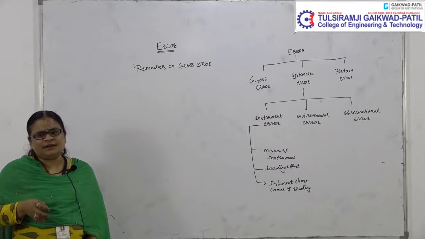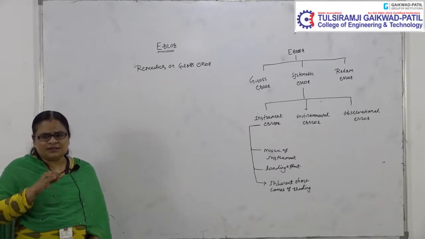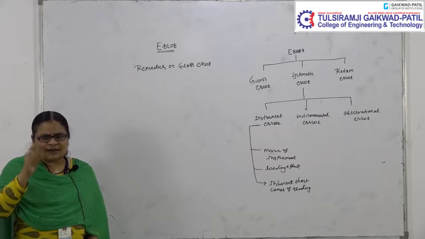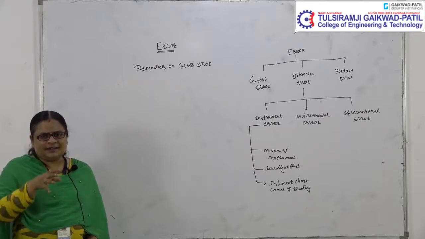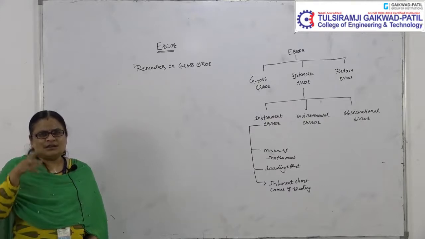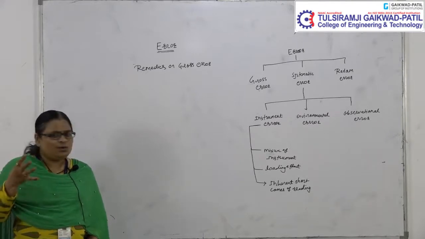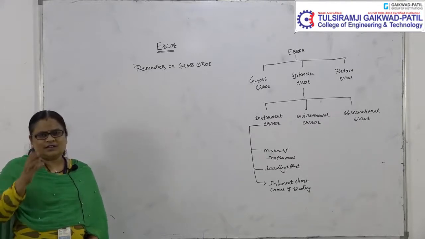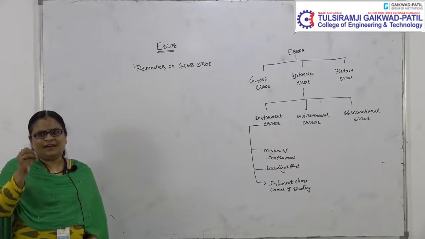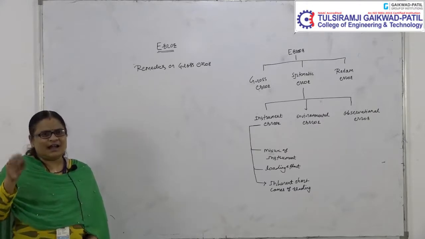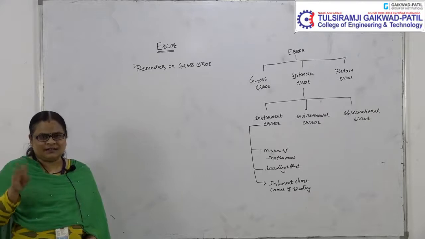Misuse of the instrument means sometimes instruments are misused, for example the potentiometer can be used with high temperature, or AC instead of DC. That is misuse of the instrument. Loading effect: if an instrument requires 400 hertz and we give it 600 hertz.